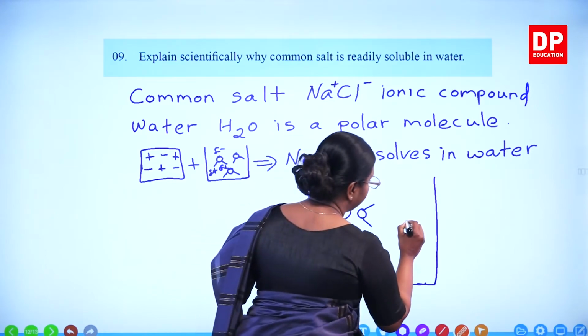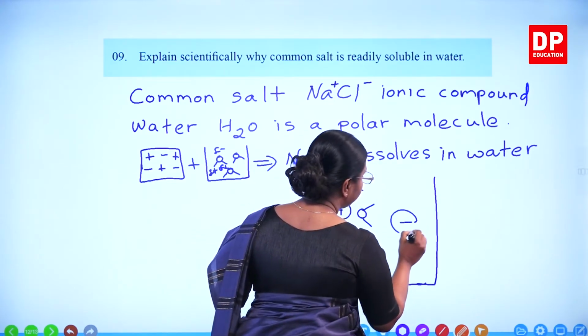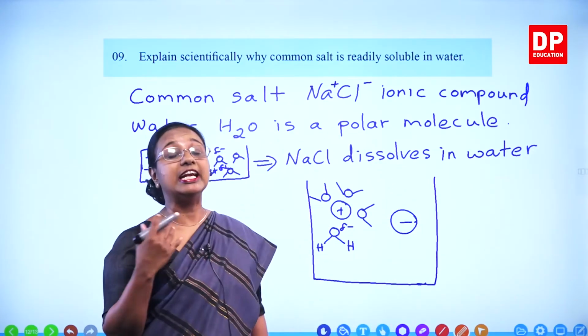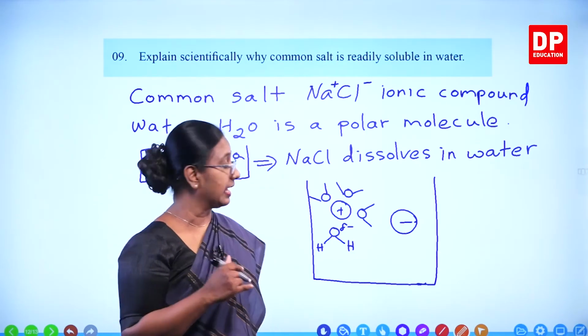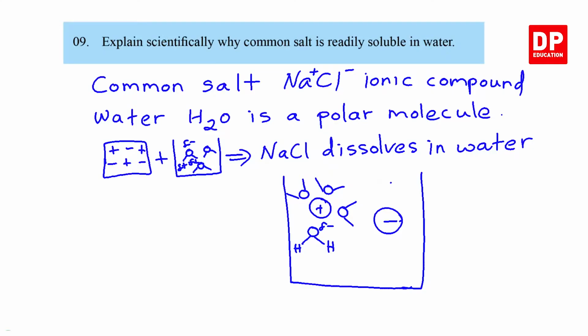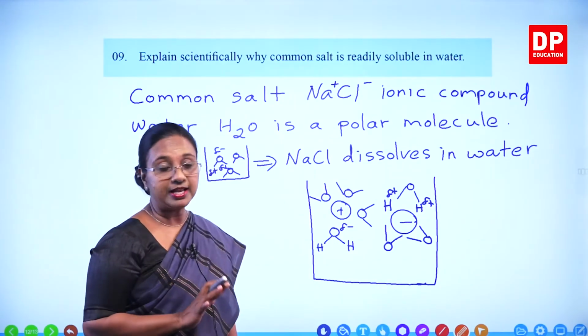The same way the negatively charged chloride ion gets surrounded by the partial positive charge of hydrogen. So like this, the hydrogens surround the negative charge chloride ion.